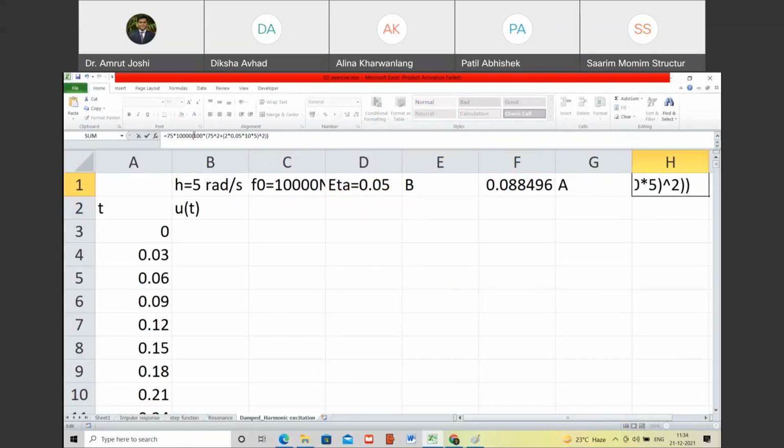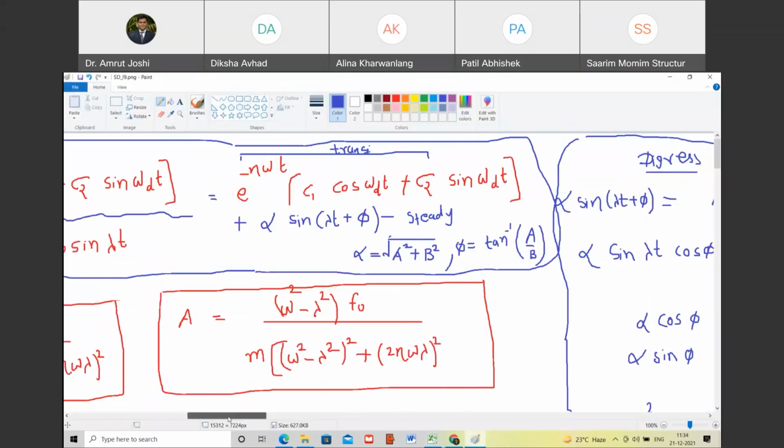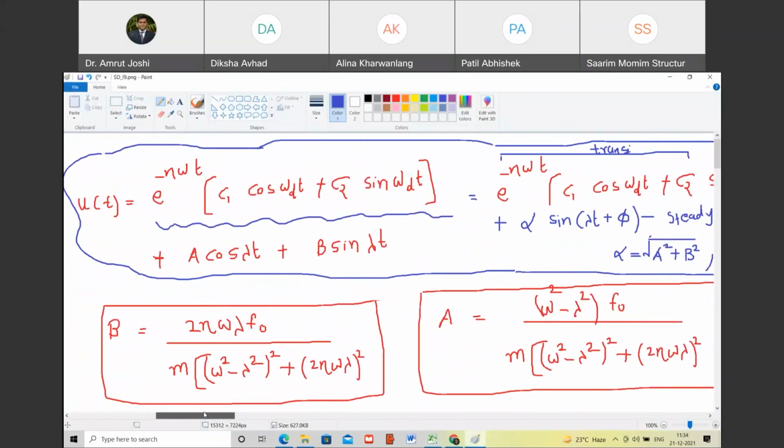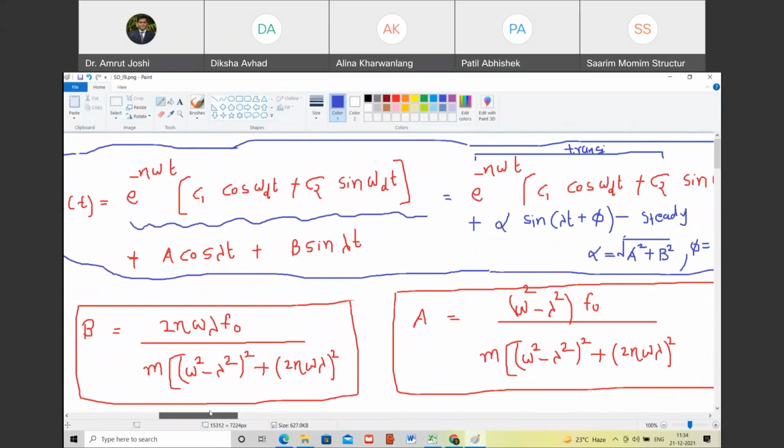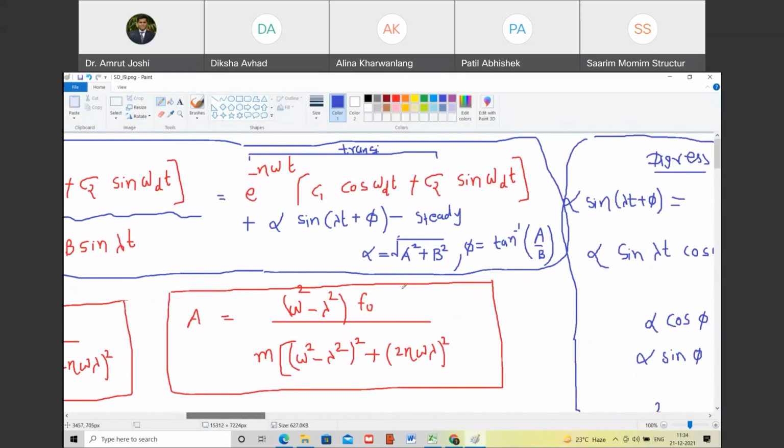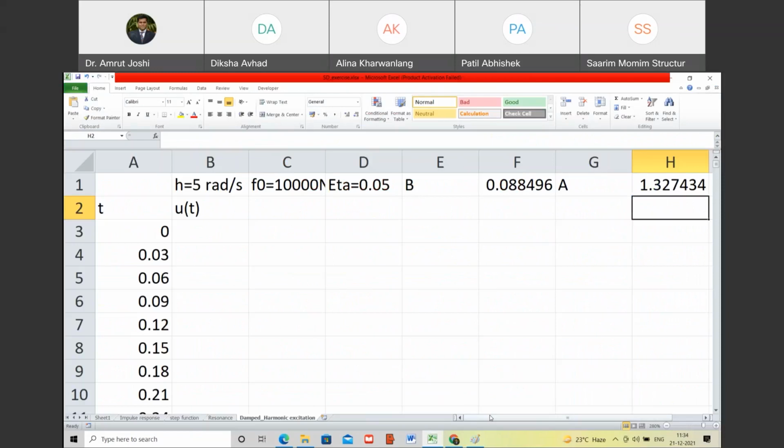Paste it here. 1.32. So we have calculated values of A and B. A is 1.327, B is this. The moment A and B are calculated, can I calculate alpha and phi? Yes.